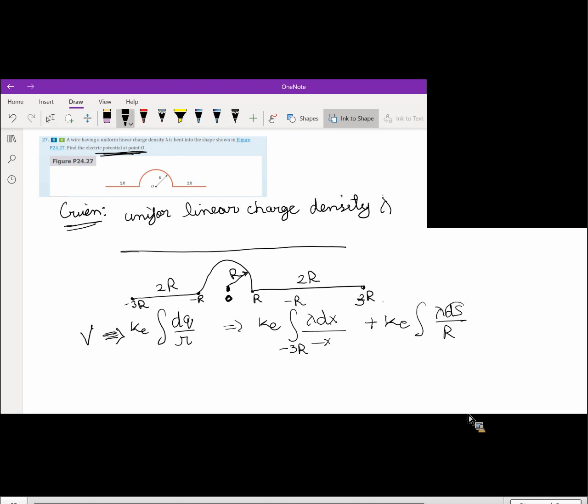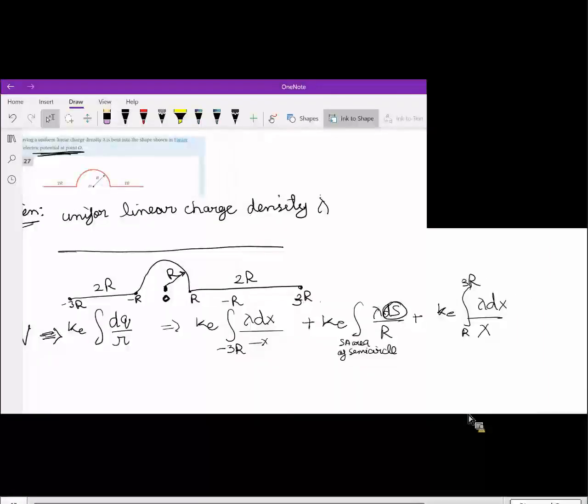I'm writing s here because this is the arc length of the semicircle. Plus, because it's a symmetrical shape, I don't have to do anything else. So this is the equation. Let's see if it makes sense or not.